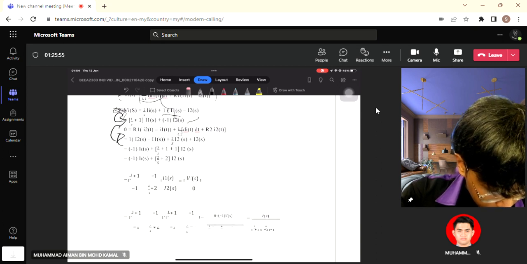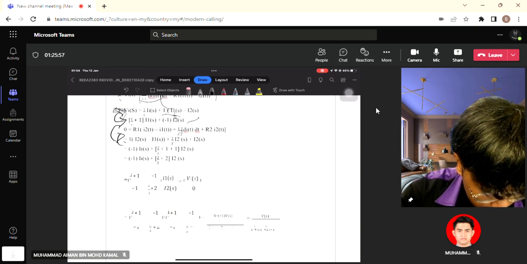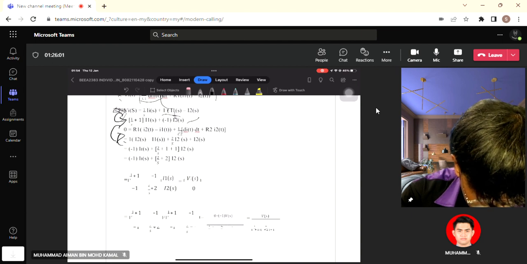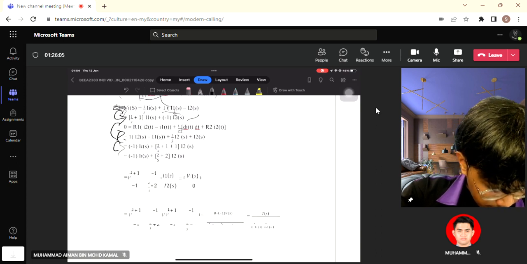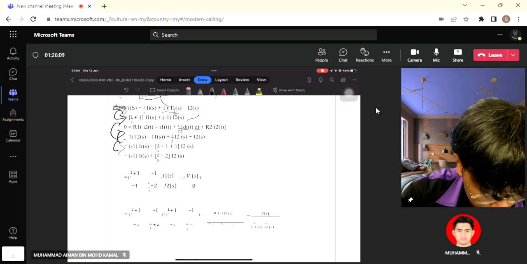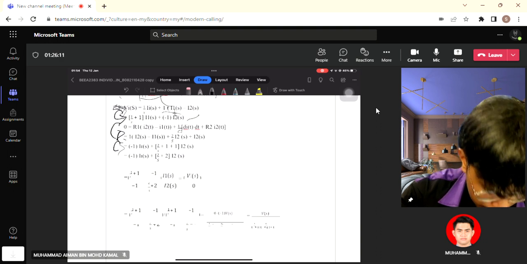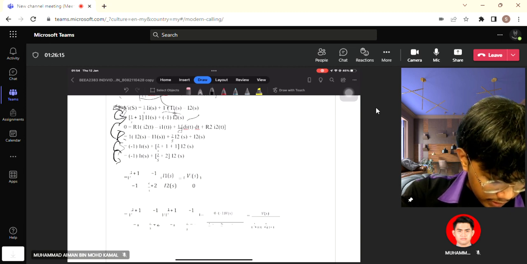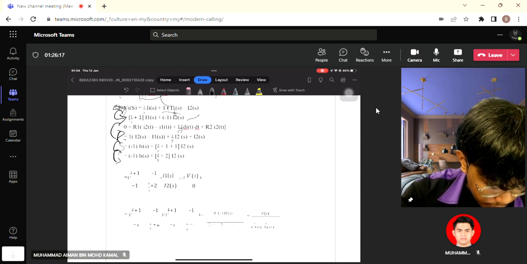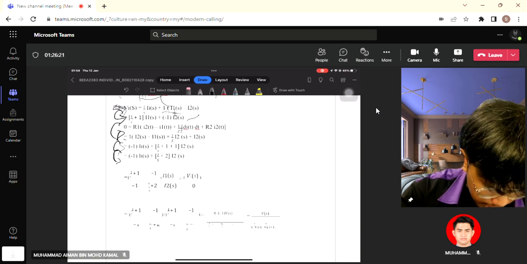Alright, and then in the s-domain, negative I1(s) plus (2/s + 2) times I2(s).